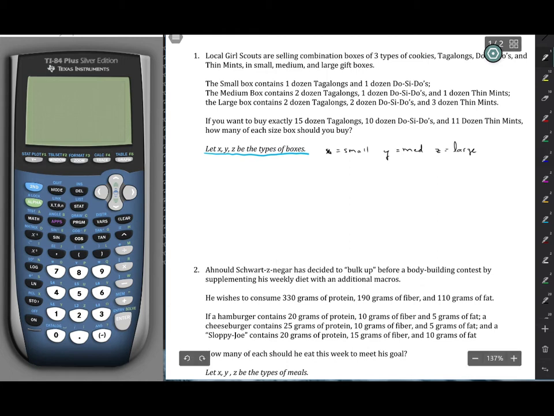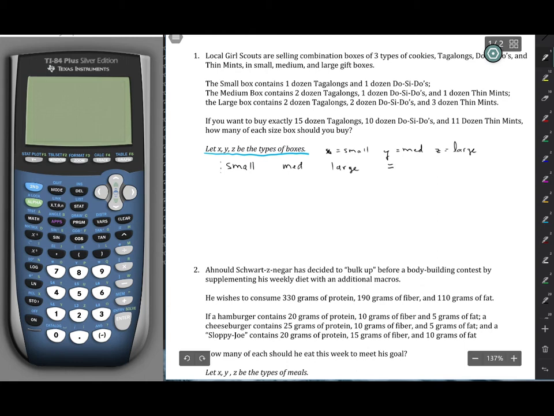Now, let's think about what we've got going on here. As we develop this problem, we want to break up our small, medium, and large. Small, medium, large are going to be the columns, so to speak, of our matrix. And we're going to have an equal-to column.